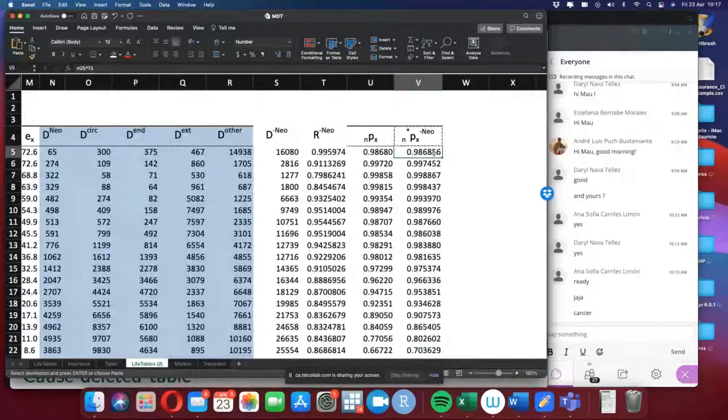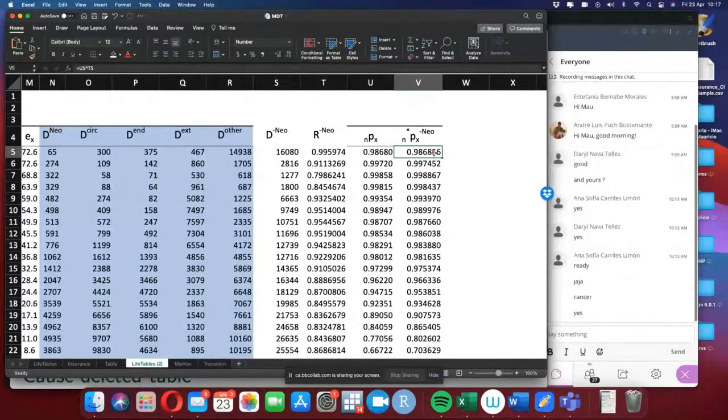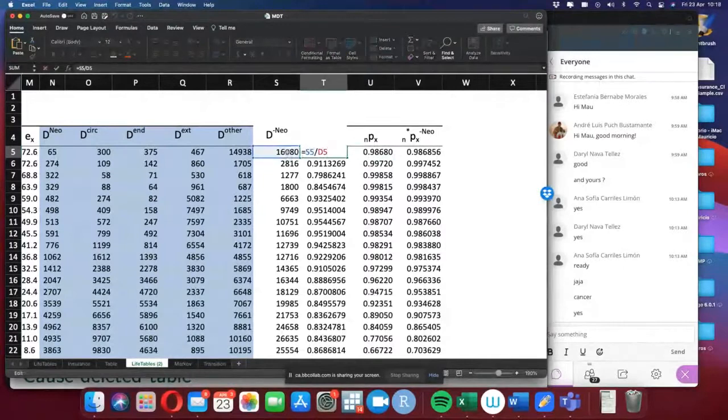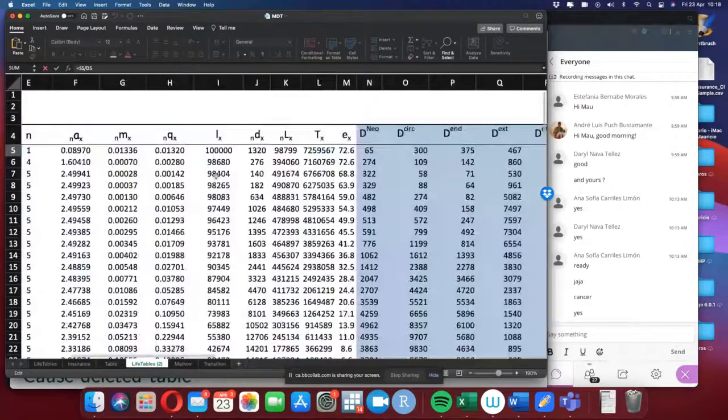Okay, are you there with me? Before I continue, because, no, put the formula of R. Just the new total number of deaths without the first column divided by the total.